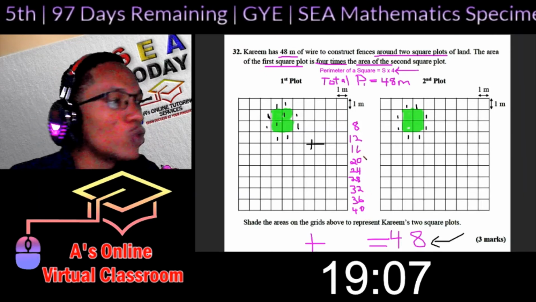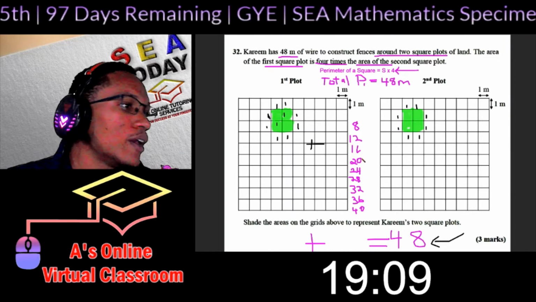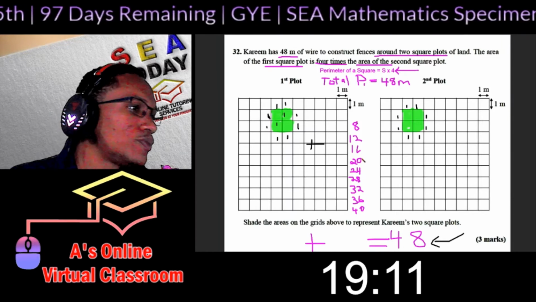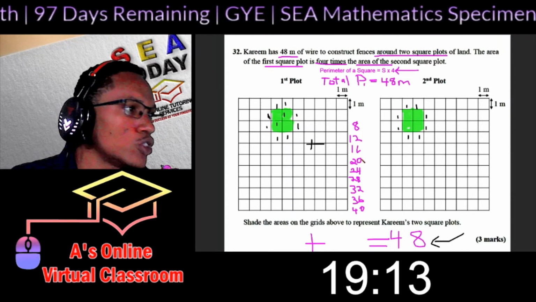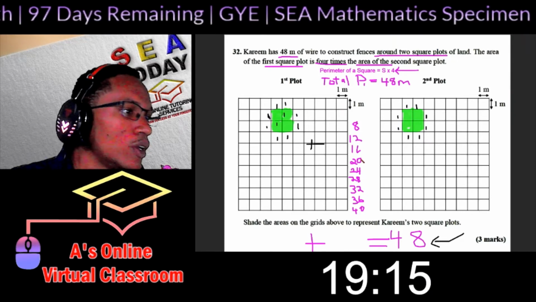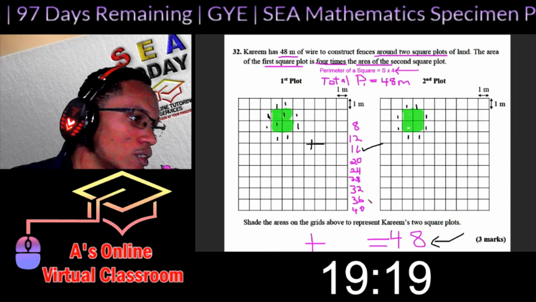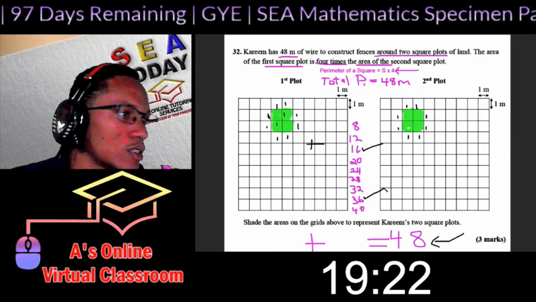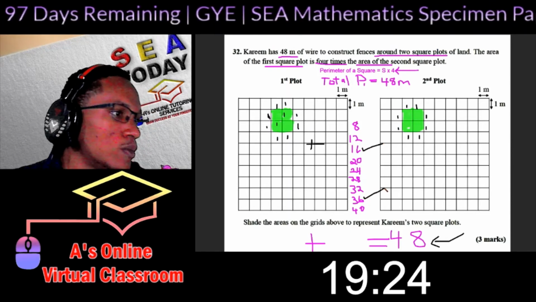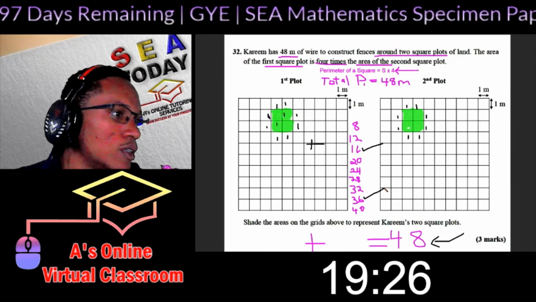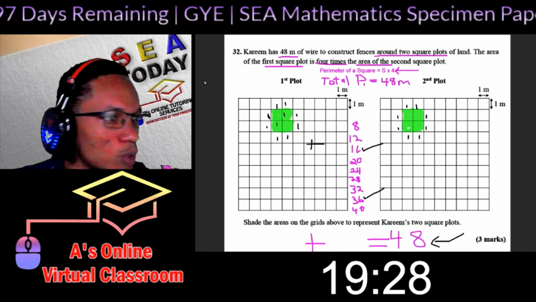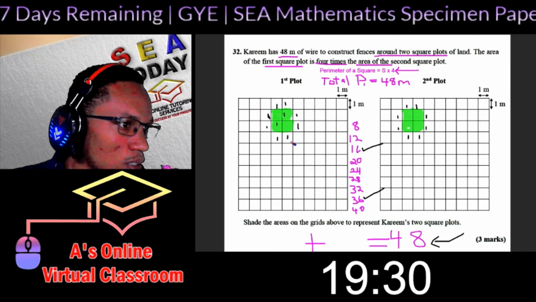So the only square numbers that we're seeing here that we could probably use would be 16, 36, and there are some more, but let's start with 16 and see.